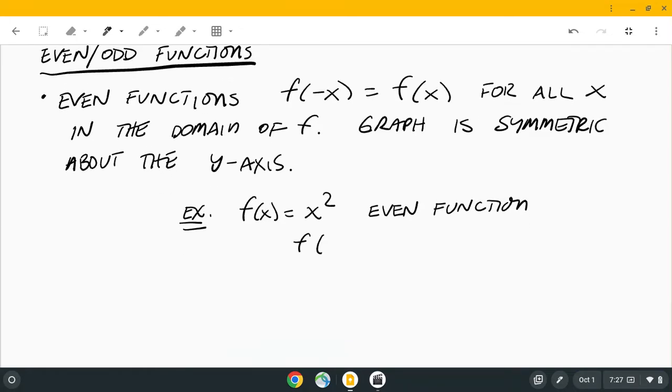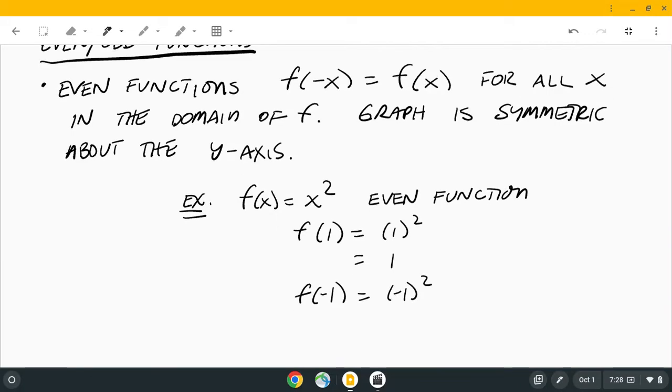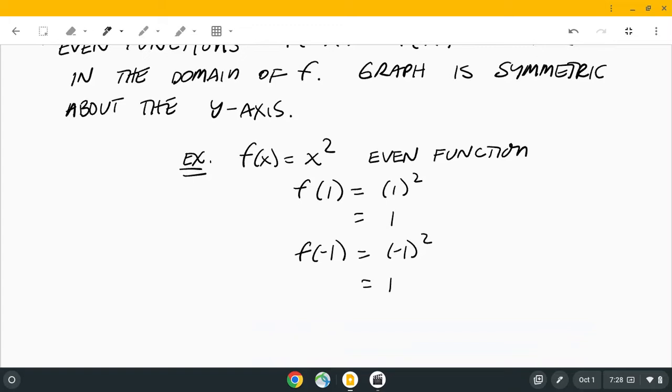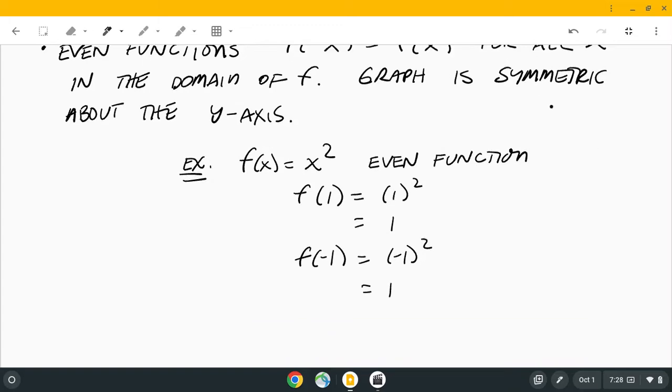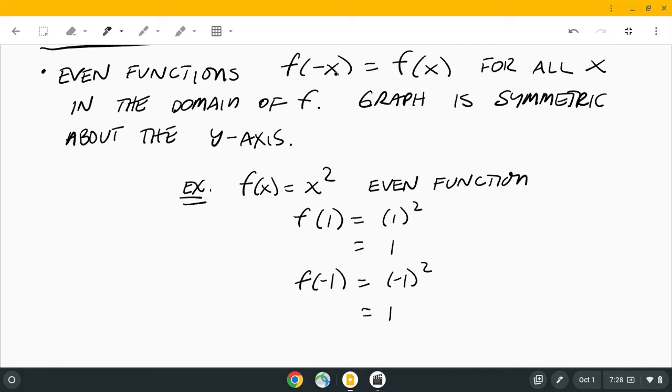If you do f of 1, you plug in 1, square it, and you get 1. And if you do negative 1, you plug that in, square it, and you also get positive 1. This is what they mean when they say f of negative x equals f of x. Whether you plug in positive 1 or negative 1, you always get the same result.